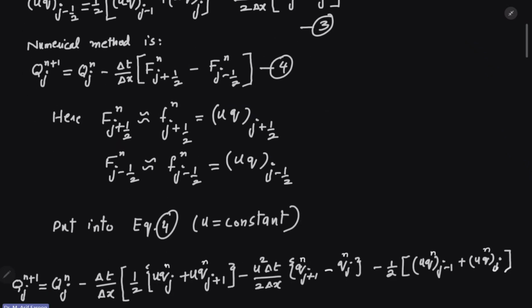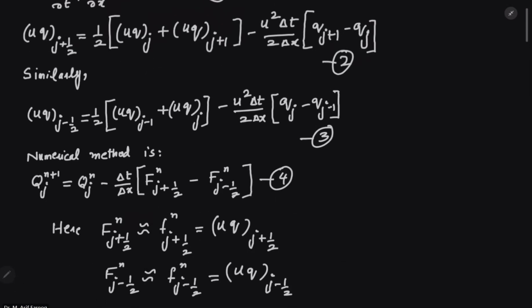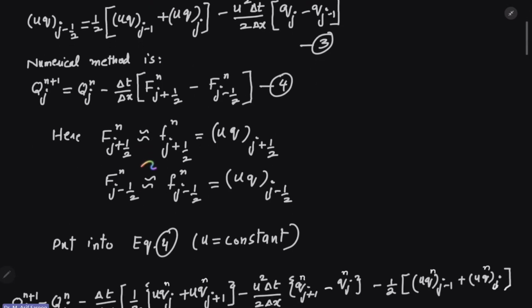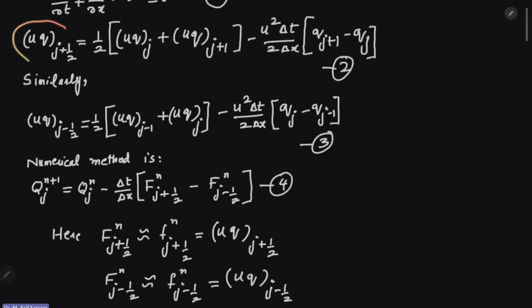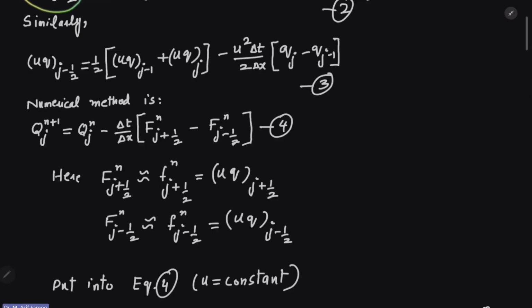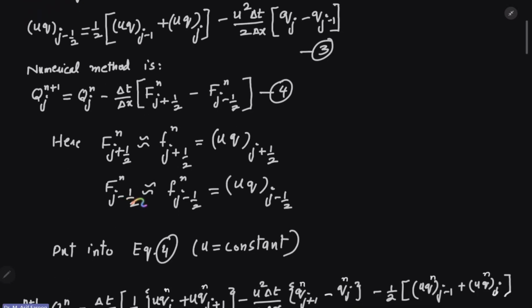Now what we do, we replace the flux values with uq j plus 1/2, which is the flux given over here, and for the j minus 1/2 flux we have j minus 1/2. Remember that we need to put n over here, since there is n over here.